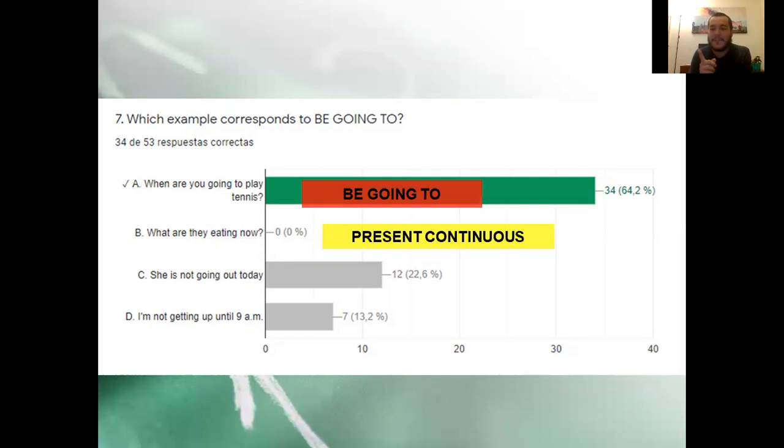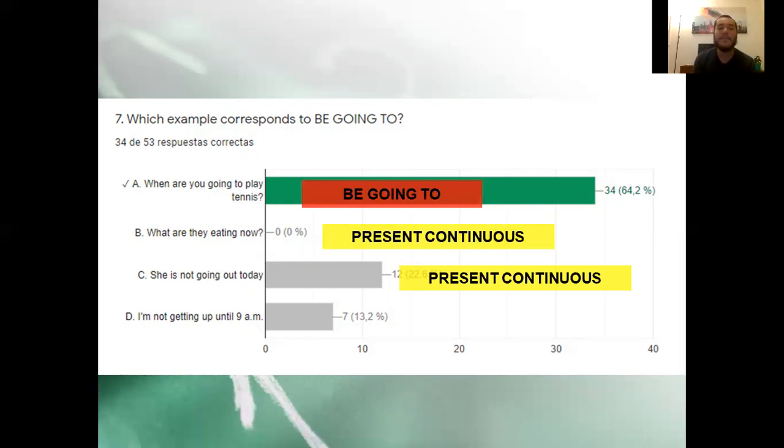C, it was curious that 22% of the people answered this alternative, but it is present continuous. Why? Look at this. It says going out. Is out an action? No. In this case, it is a preposition. But if it is not a verb, then it goes to the other category.